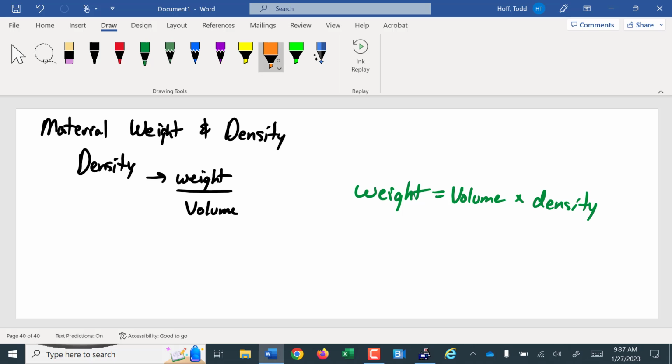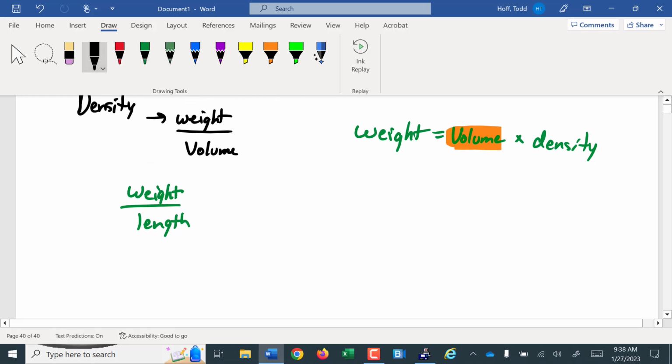Well, in practice, finding the volume is often kind of clumsy to do. So there are more efficient ways of doing this. So an alternative way of listing density, outside of the traditional scientific way, is to do a weight per unit of length. So this is typically in pounds per foot.